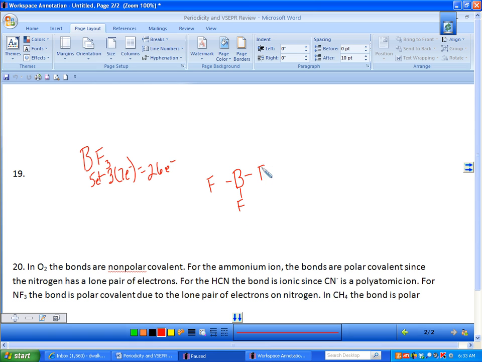We put that in your notes, PBS. Phosphorus, boron, and sulfur do not have to follow the octet rule when they are bonded with a halogen. So it's okay if there's only 6 around boron. There's no lone pair. I have 3 regions of electron density, so this one's going to be trigonal planar.